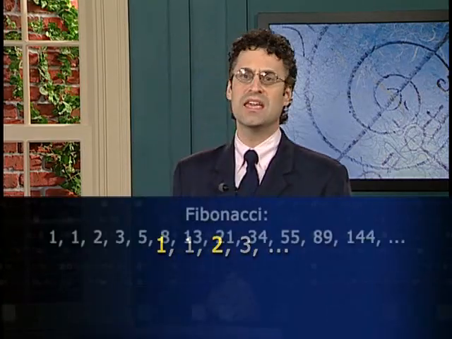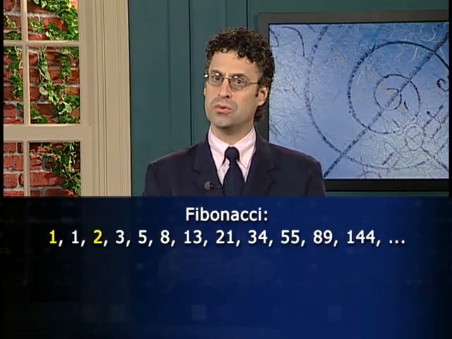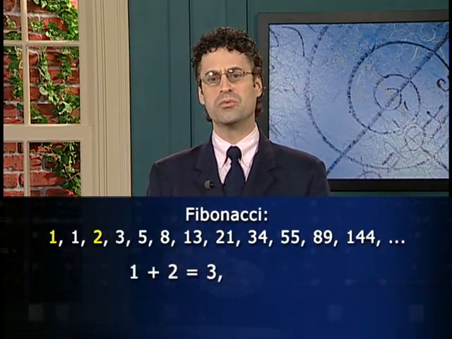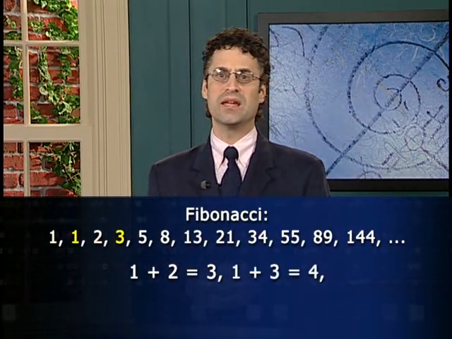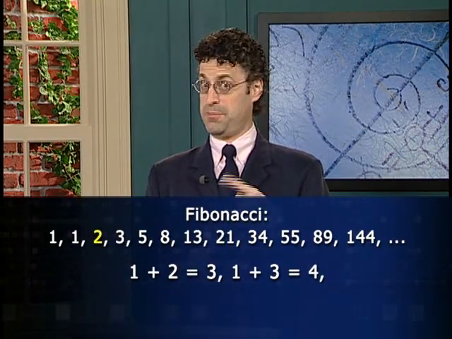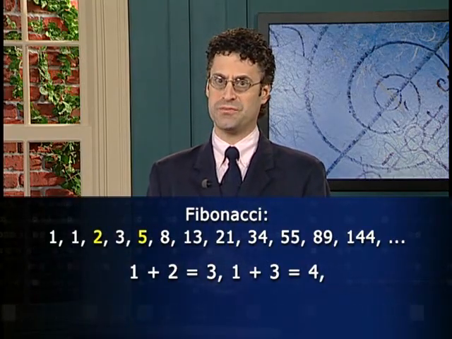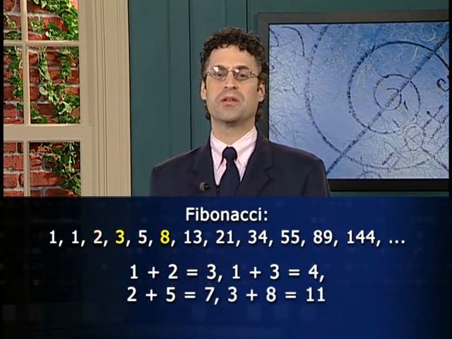So for example, if we take 1 and skip the second one and go right to the 2, 1 plus 2 is 3. If we add the 1 and the 3, we get 4. If we take the Fibonacci number 2, skip the 3 and go to the next one, which is 5, then 2 plus 5 is 7. The next pair would be 3 plus 8, which is 11.